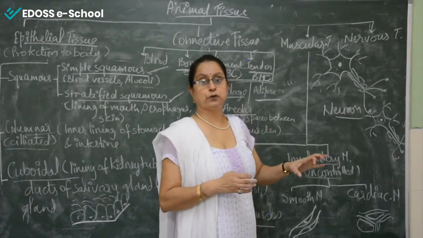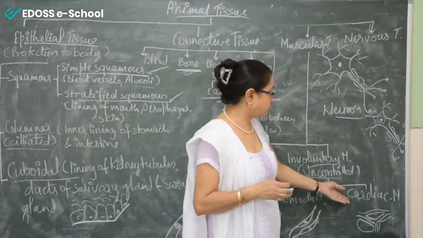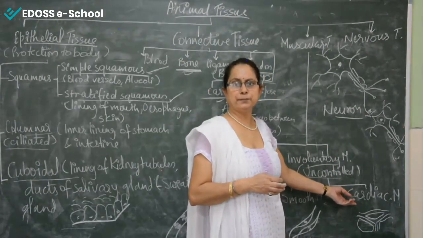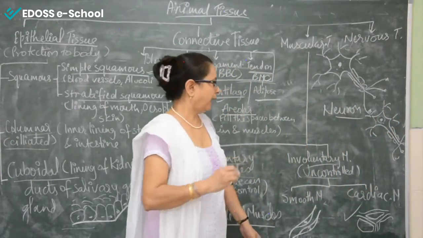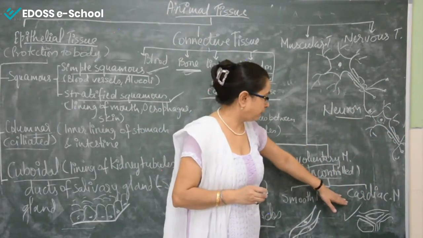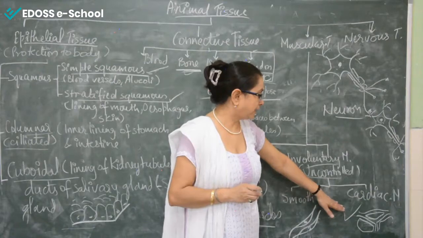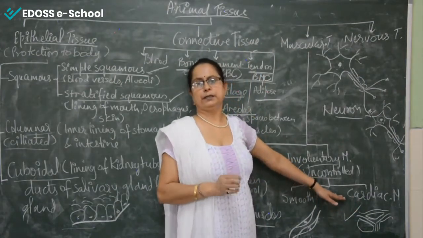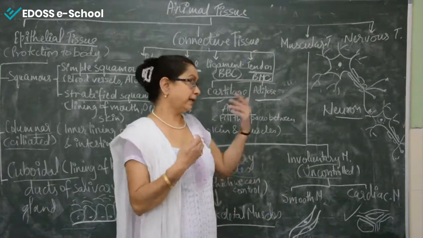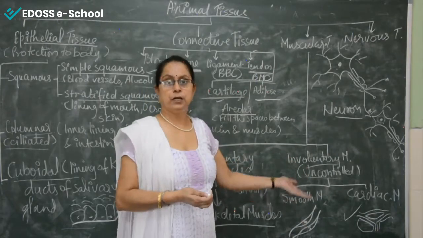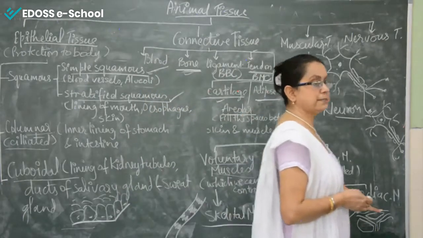It cannot rest for a single second. That is all because of the cardiac muscle. One sad point regarding the cardiac muscle is that no repair is possible, because it cannot rest. We cannot replace it with any other muscle. So no repair is present in this cardiac muscle.